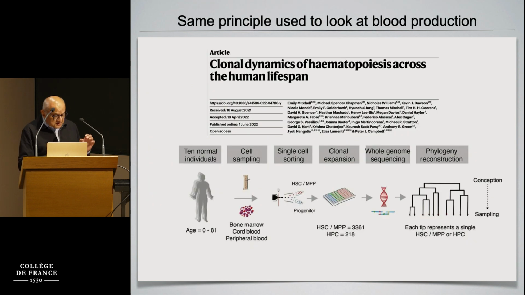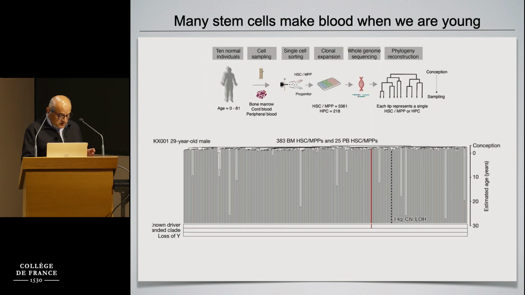Now, moving forward, the same type of analysis was done by the Sanger groups using the bone marrow. But of course, the bone marrow, being a liquid tissue, required them to take bone marrow tissue and then grow it as clones and then obtain whole genome sequences, and in a similar way to build lineage trees. And when the Sanger group did this, what you need to take away here is if you sequence many of these blood stem cell clones from a young individual, what you can see is that they have many, many ancestors, right?